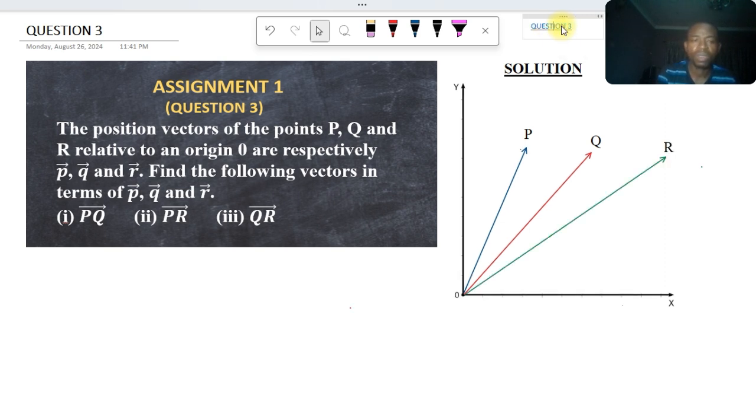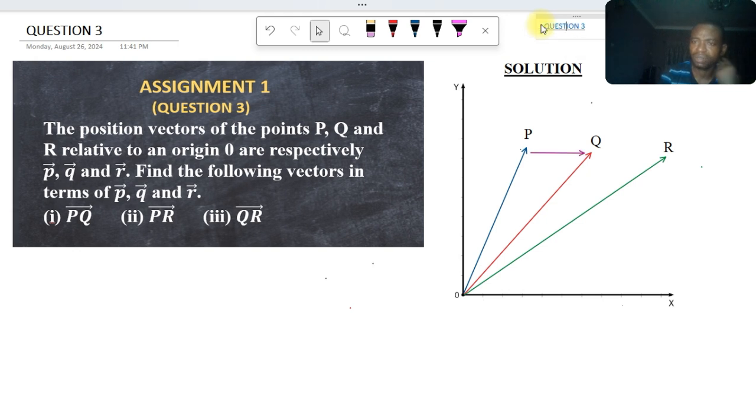Now what I'll do next, before writing these vectors on these lines, because I'm supposed to write P on this line, Q on this line, and R on this line, I would like to join P to Q and Q to R, because I can see in the question that it is required. So let me just join that.